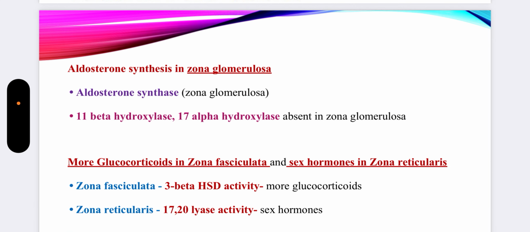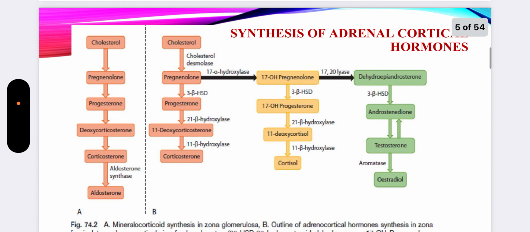Another reasoning based question is, why is glucocorticoid synthesis more in zona fasciculata and why are more sex hormones synthesized in zona reticularis? In zona fasciculata, 3-beta hydroxysteroid dehydrogenase activity is more, so there is more synthesis of glucocorticoids. You can see the vertical chain of reactions is more dominant, so there is more synthesis of corticosterone and cortisol.